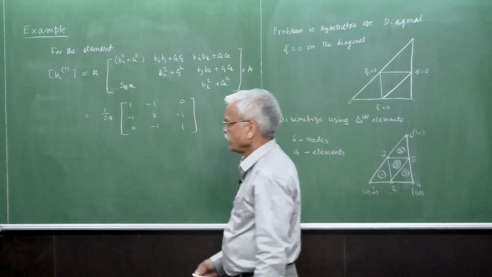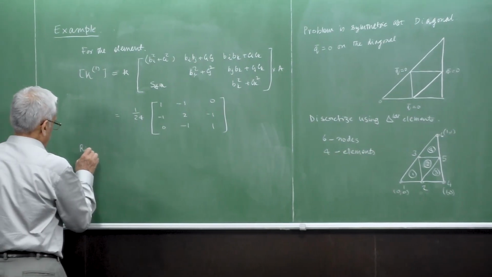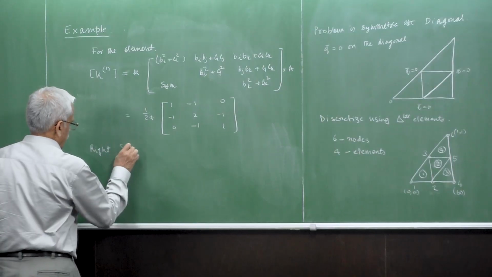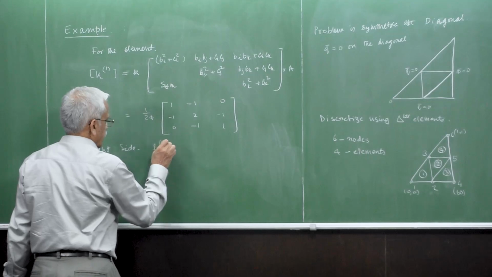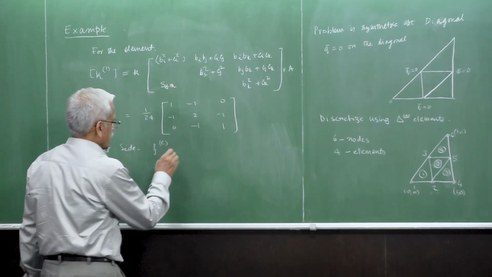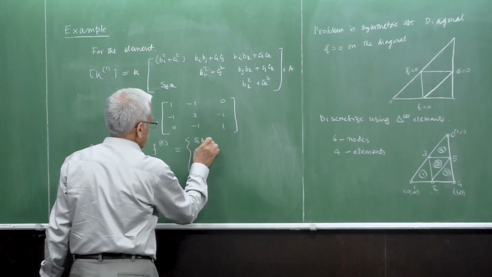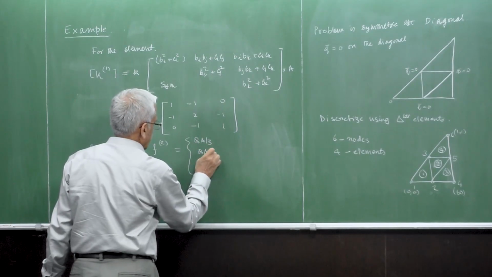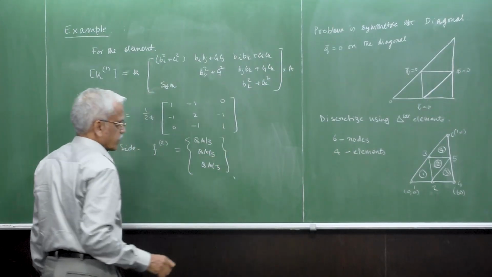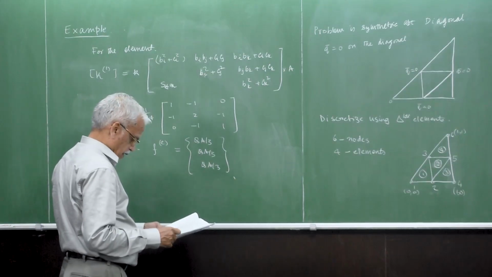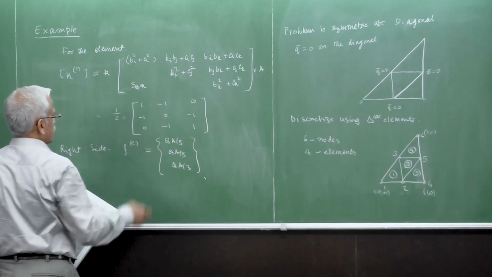On the other hand, on the right side, if you call it as f vector, it consists of 2A by 3, 2A by 3. This is for the element. And this will turn out to be, sorry, this is not 24. This is 1 by 2.